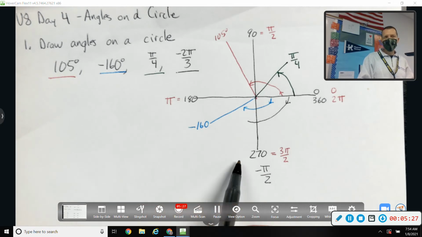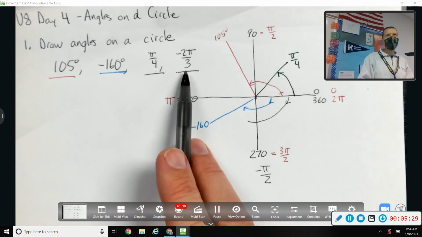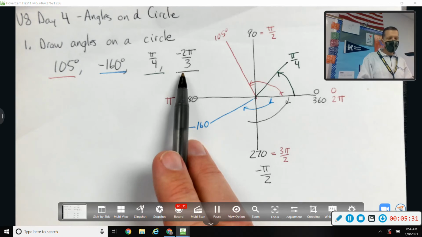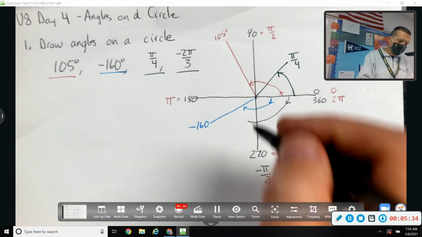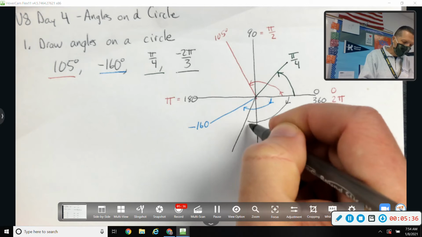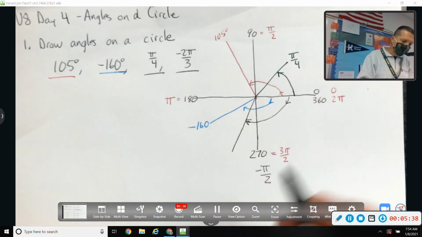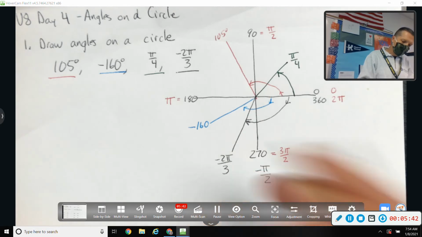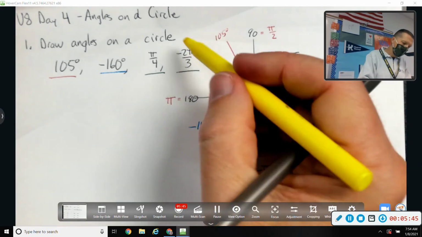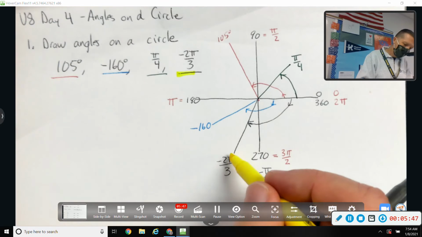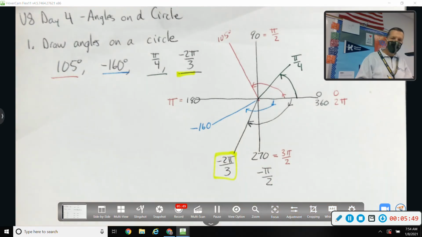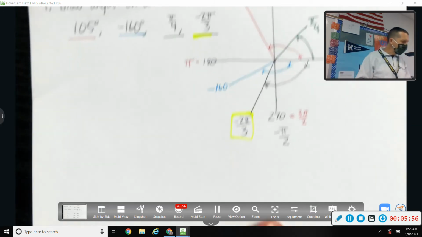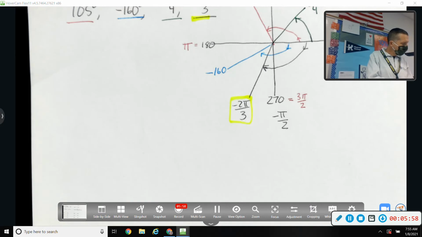A little bit of fraction sense here, right? 2/3 of $1 is 0.67. That's closer to 1/2. So again, it doesn't need to be perfect, but it does need to be in the right quadrant, closest to the right angle. So negative 2 pi over 3. So not hard, but go slow. Make sure you land them in the right spot.